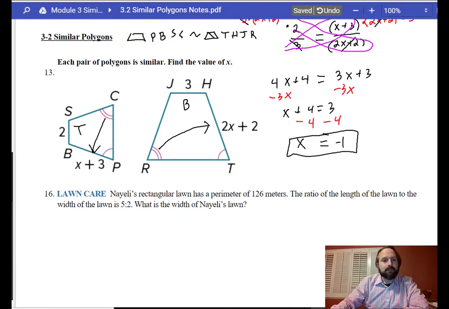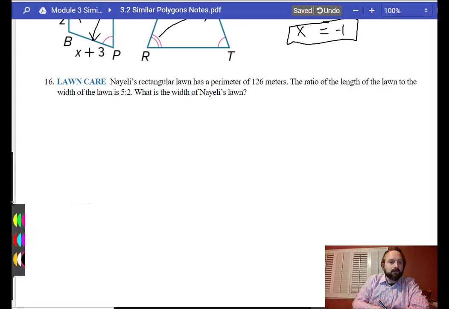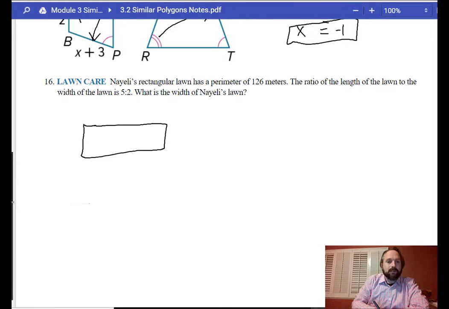All right, let's go on to the last one. Nayeli's rectangular lawn has a perimeter of 126 meters. Okay, well, what this is asking us to do is let's draw it. So I know this is my length and this is my width. So the perimeter is equal to 2 times the length plus 2 times the width.